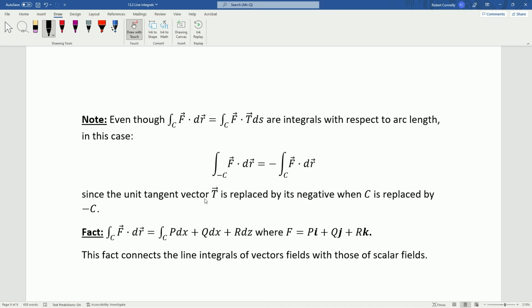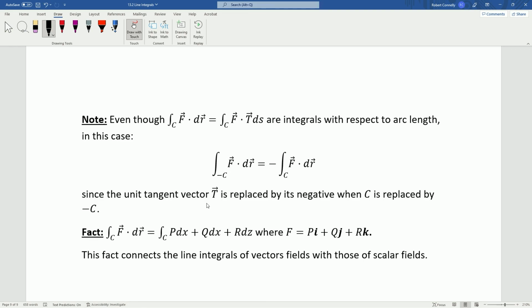That's because the unit tangent vector would be replaced by its negative when C is replaced by negative C. This should also align with the gravitational force field: if you're moving up versus down, if you're going up, you're going against the movement of gravity, so you're moving opposite. So you would expect your sign for your work to be opposite of if you were moving down.